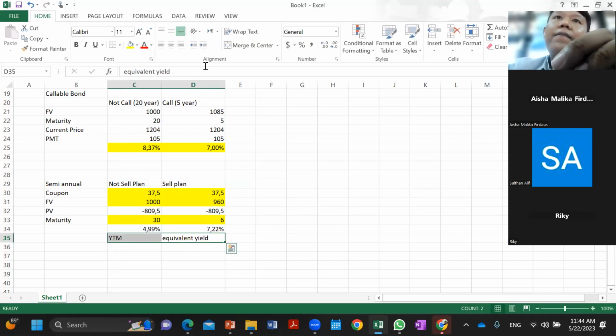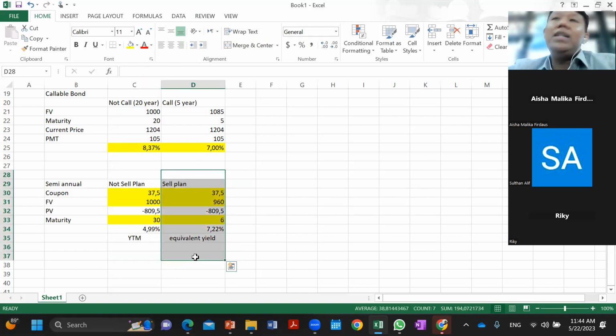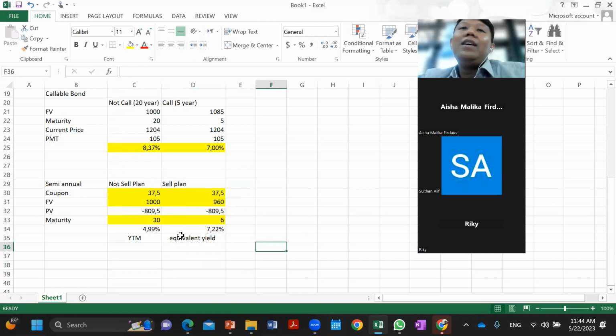So if you have these two options, will you hold until maturity or will you sell it after 3 years? If I were a rational investor, I would choose to sell after 3 years because it provides me with a higher yield.